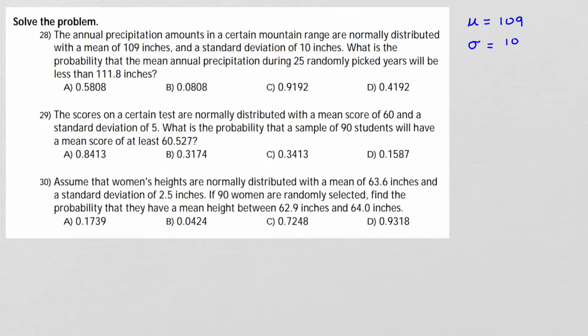We want to know what is the probability that the mean annual precipitation during 25 randomly picked years will be less than 111.8 inches. So the mean and standard deviation we have is for the individual precipitation amounts. So now we want to know about the distribution of the mean.